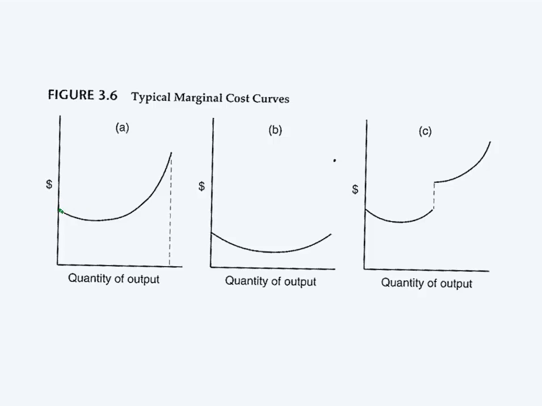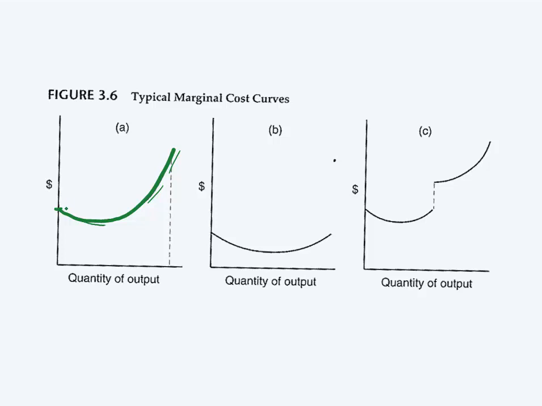And the first one is a very normal shaped marginal cost curve. It starts a bit higher and then goes down and then goes drastically up. The reason for this is initially cost might be low because you're not utilizing your full capacity.